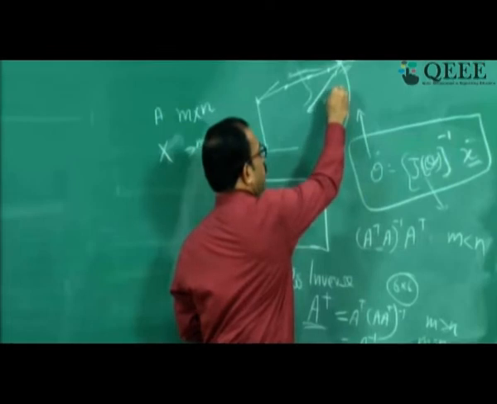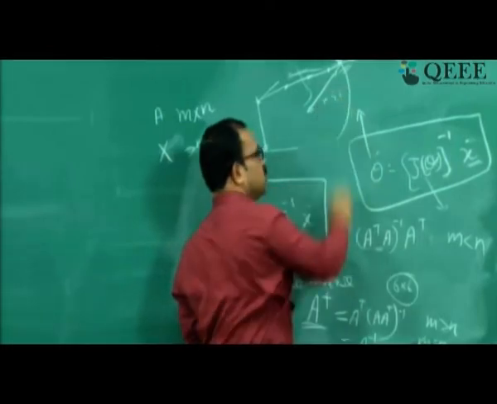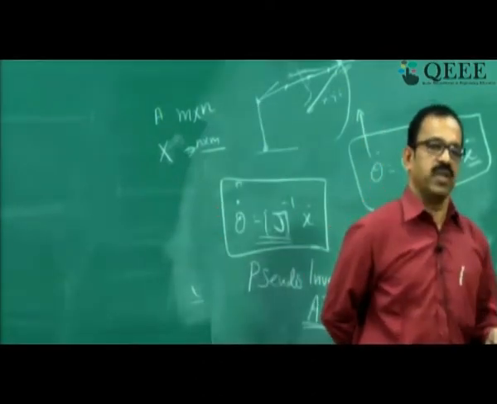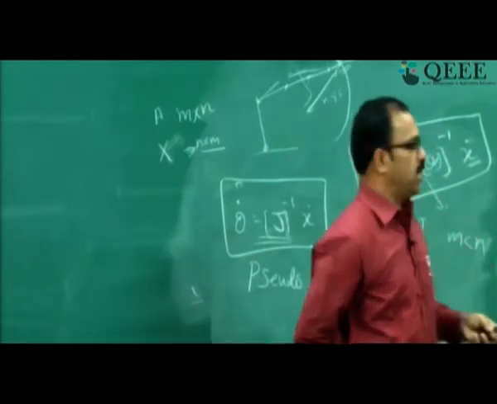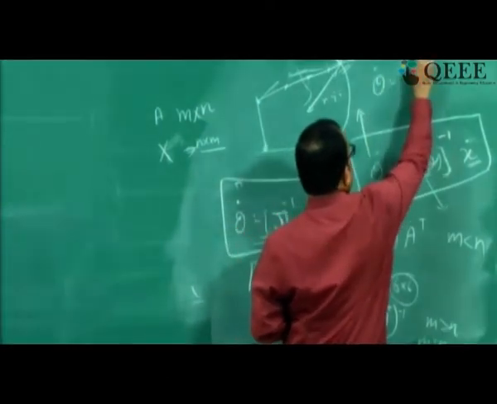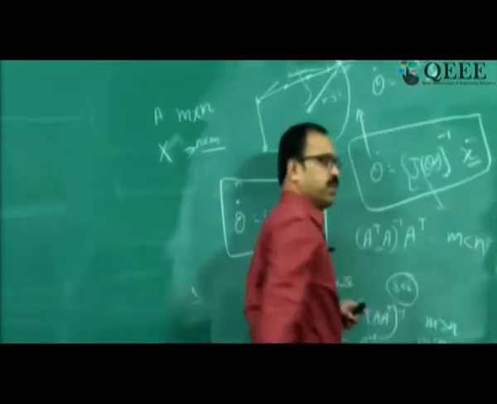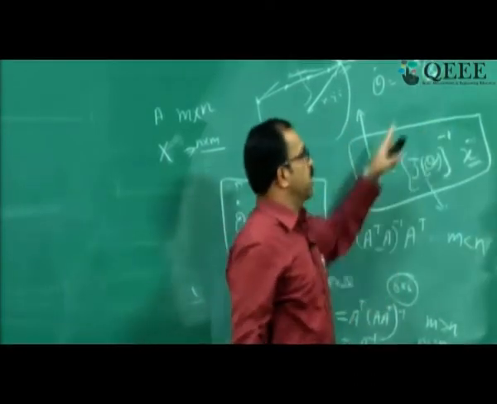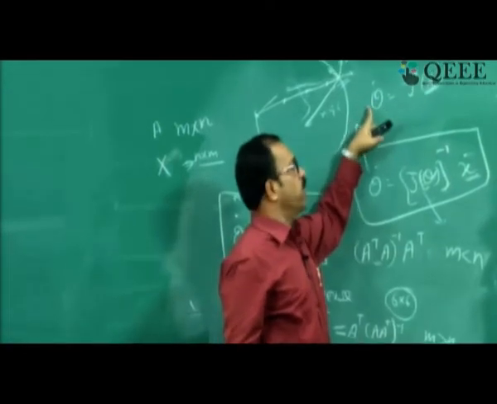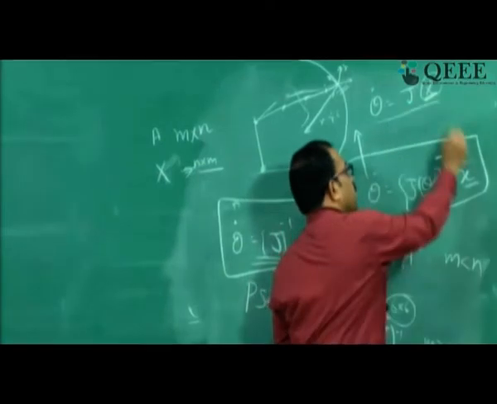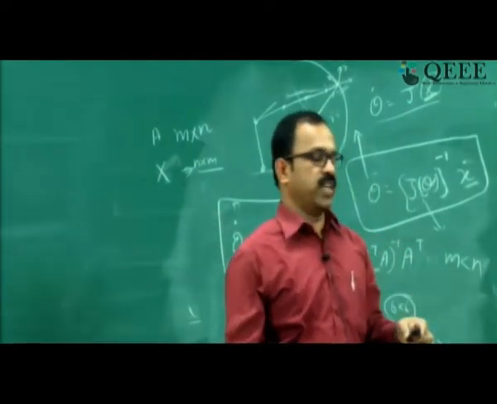If you know x dot, y dot and z dot, we can get q dot using J plus x dot, that is, (J transpose J) inverse J transpose x dot. Theta dot can be obtained as J plus x dot. So we get the required joint angle velocities, and this is known as resolved motion rate control in robotics.